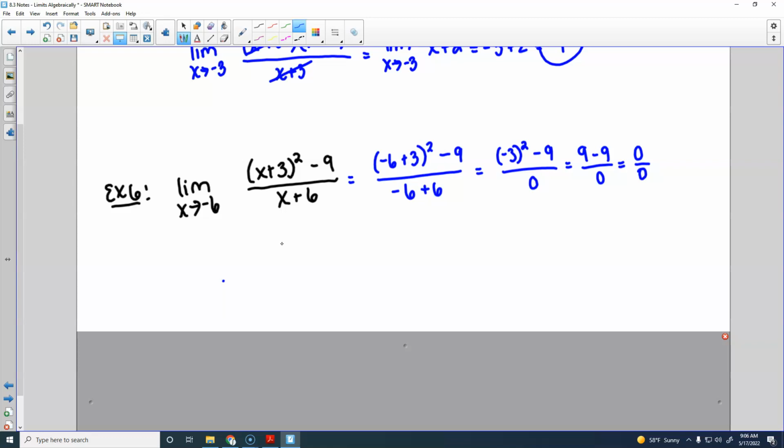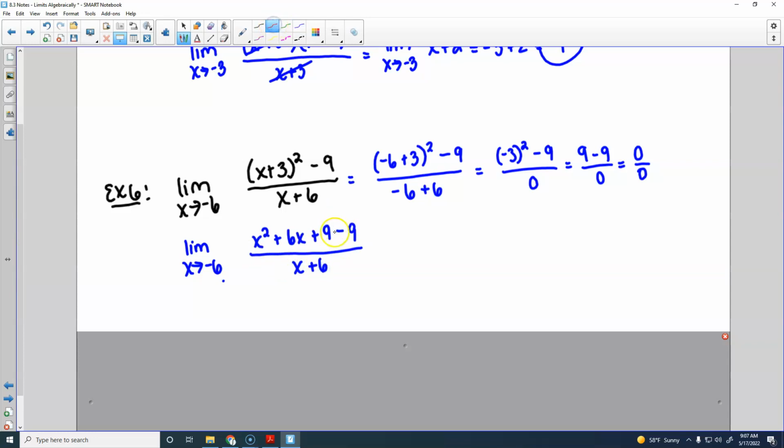So what I'm going to have to do first is multiply this out, then see if I can factor and cancel. So we're going to keep that limit notation. And then here I can square, double square. So I'll get x squared plus 6x plus 9 minus 9 over x plus 6.